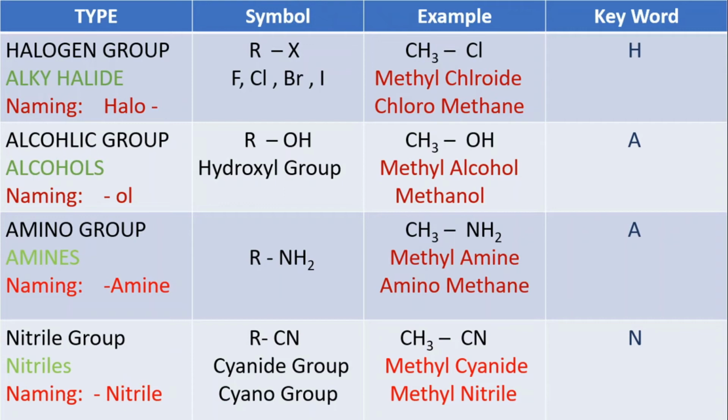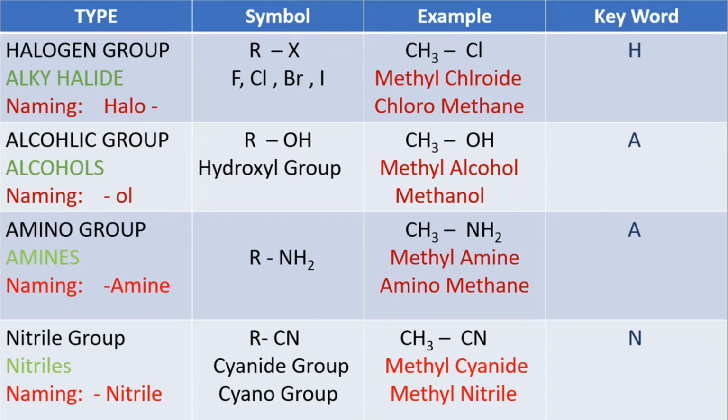Methyl chloride is the common name, while the IUPAC name is chloromethane. In IUPAC, the name of halogen will be named first and it will be followed by the name of alkane. If we have bromine in place of chlorine, then the name will be bromomethane. Or if we have ethyl group in place of methyl group, the name will be chloroethane.